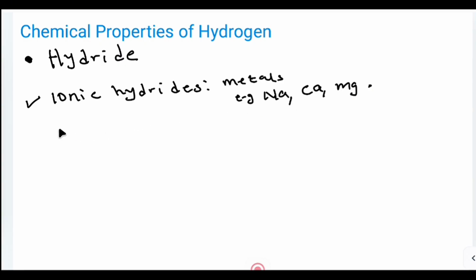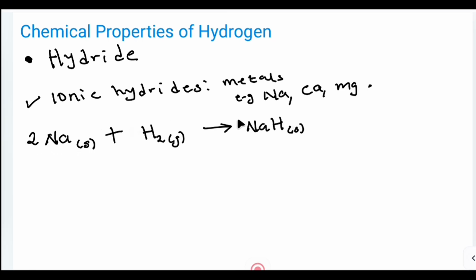So we could have sodium, which is a solid, reacting with hydrogen, which is a gas, and we are going to have sodium hydride. So this is an example of an ionic hydride.